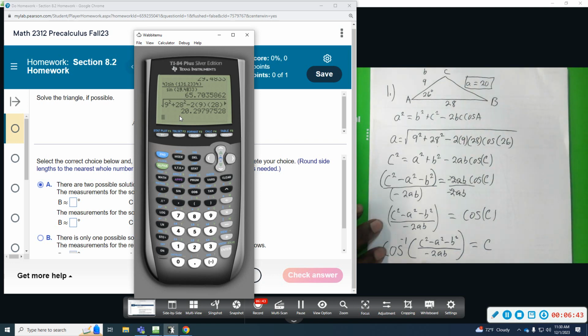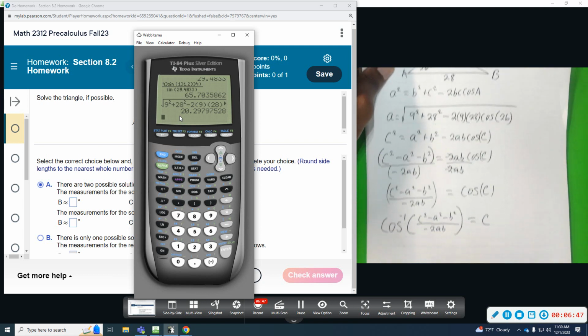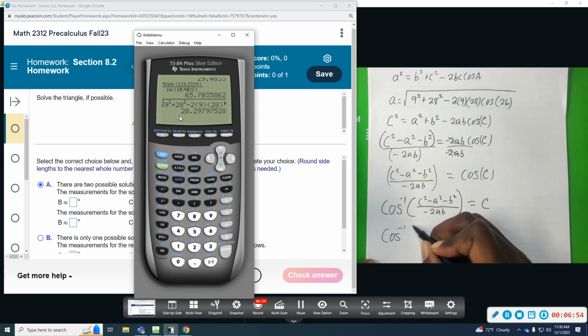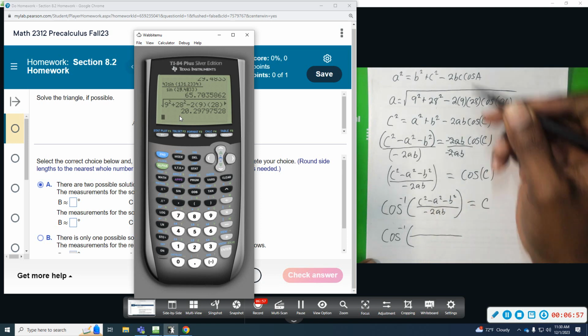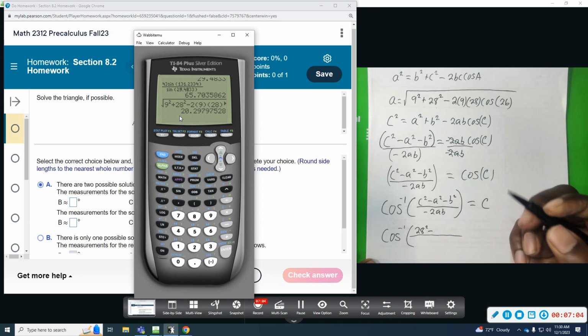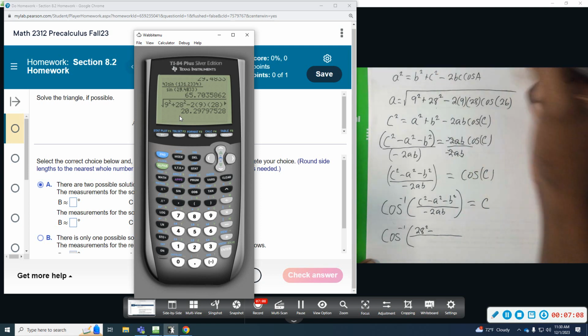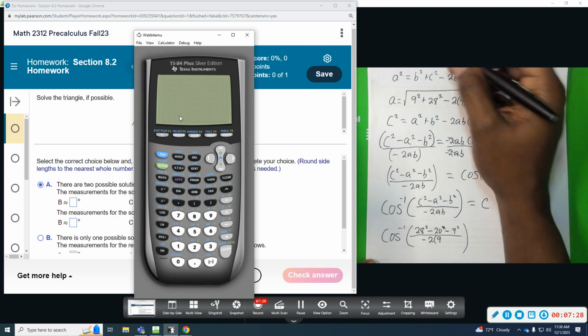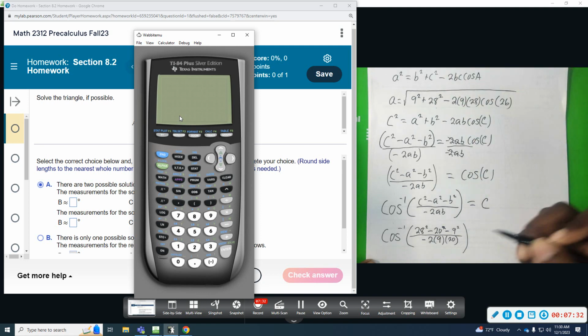So I'm going to plug in all the missing parts to find C, and then I'll plug it in the calculator. So what I'm plugging in is going to be cosine inverse of C squared. C squared is 28 minus A squared, which A is 20, that's the one we just found, minus 9 squared. So all that's on the top, and then a negative 2 times 9. Well, A is 20, but B is 9, so we'll just do 2 times 9 times 20. That still works out.